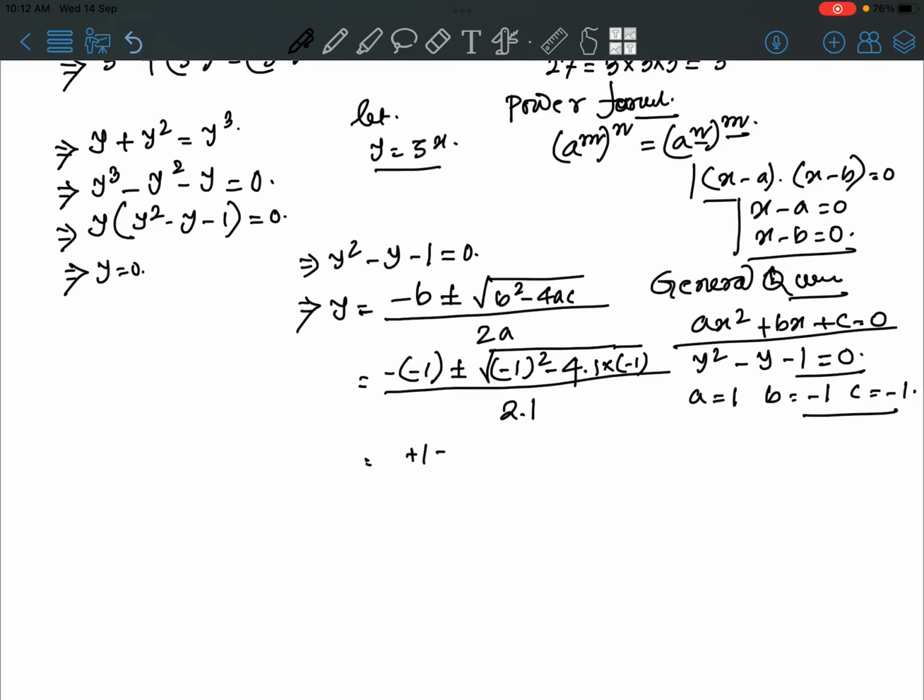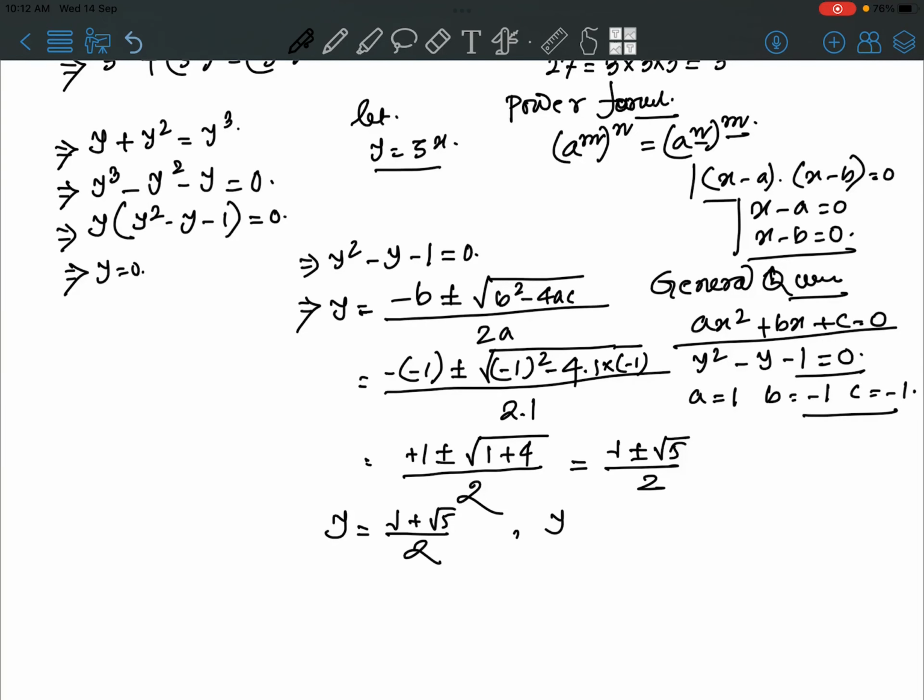So, 1 plus or minus root of 1 plus 4, divided by 2. Now, that equals 1 plus or minus root 5 by 2. So y equals (1 plus root 5) by 2 and y equals (1 minus root 5) by 2.